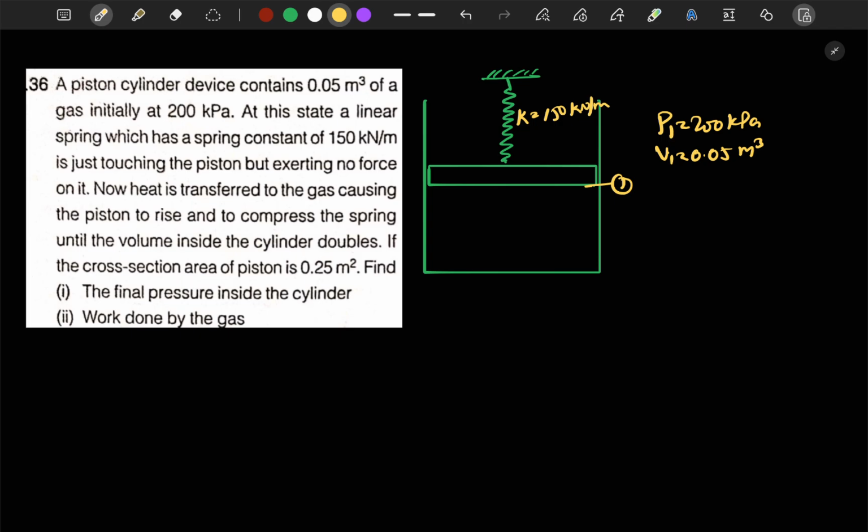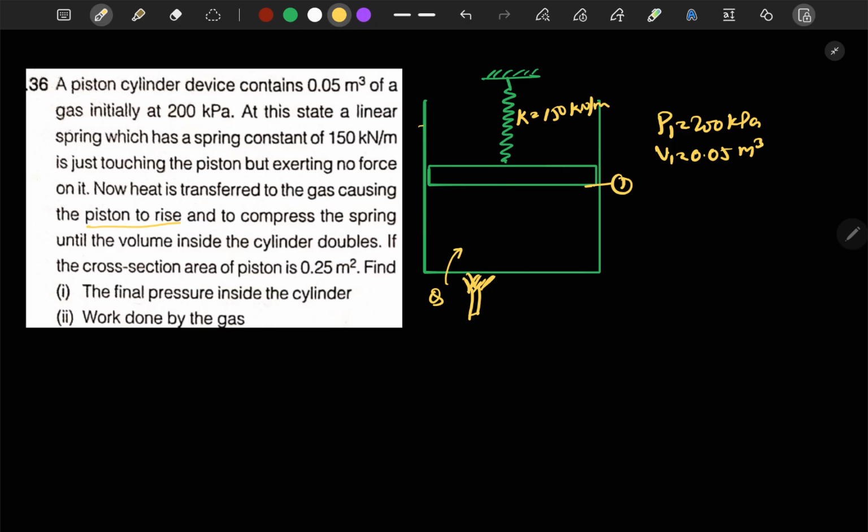Now heat is transferred to the gas, causing the piston to rise. Now we are supplying heat to the system. Since we are supplying heat, the piston rises and compresses the spring until the volume inside the cylinder doubles.